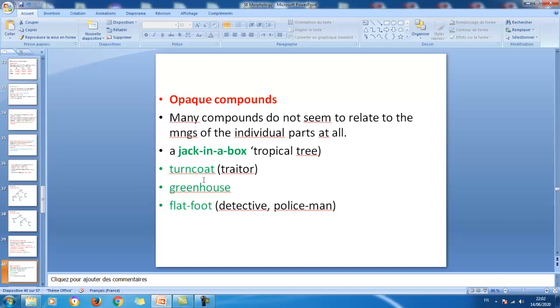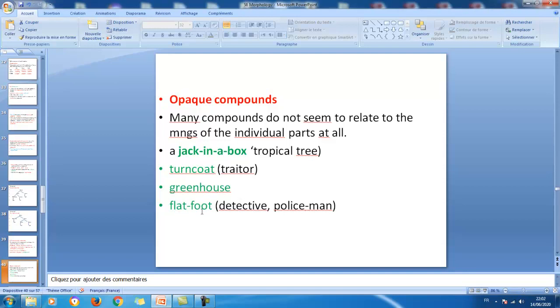Look, turncoat. Turncoat here does not mean somebody who literally turns the coat, but it means a traitor here. Greenhouse, it's not a house which is painted green, it's a kind of structure where we plant vegetables.